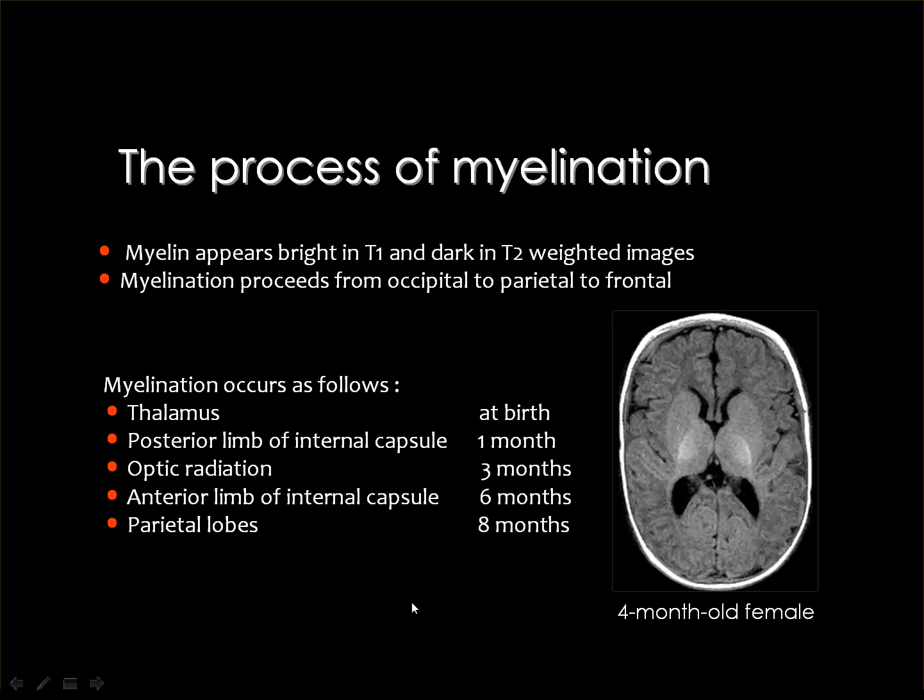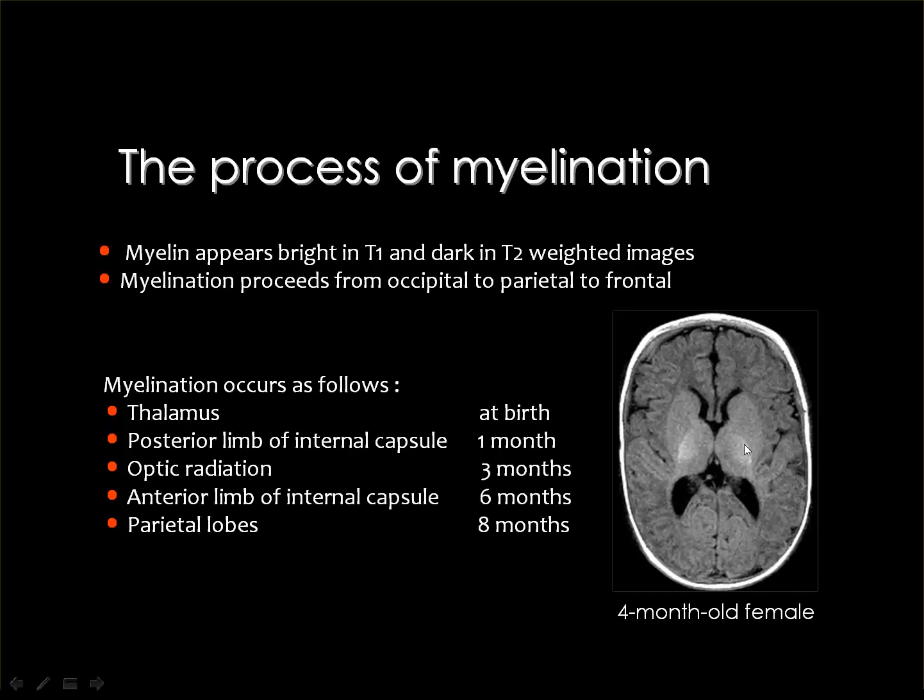There is a standard dates for this myelination, and also standard sites which are myelinated first. For example, the thalamus is one of the known areas that is myelinated at birth.